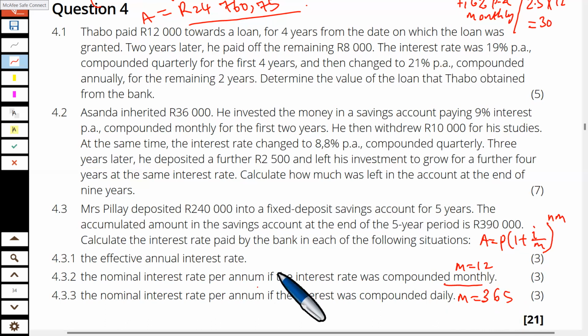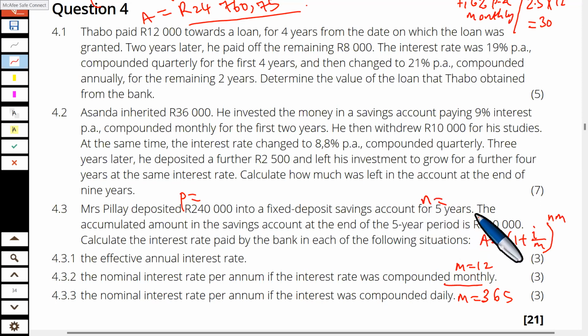But I want us to do this question because I want to be sure that you can do it. So for instance, Mrs. Pillay deposited this one. If Mrs. Pillay deposited this, it means that this is the present. Okay, it's P. Into a fixed savings account for 5 years.